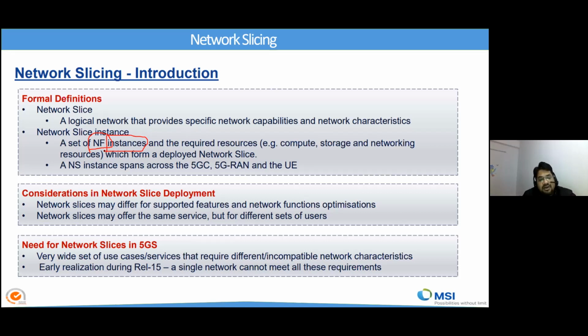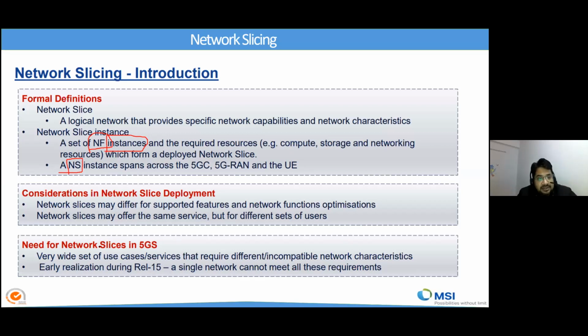And those network functions like the CU, DU, and the RUs completely provide the end-to-end service. And that end-to-end service is known as a network service or NS. So network service is basically a kind of service that has been extended from 5G core, 5G RAN, and the UE part. So it means that network service is an end-to-end service, right?